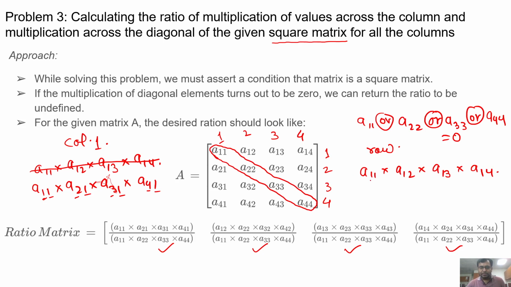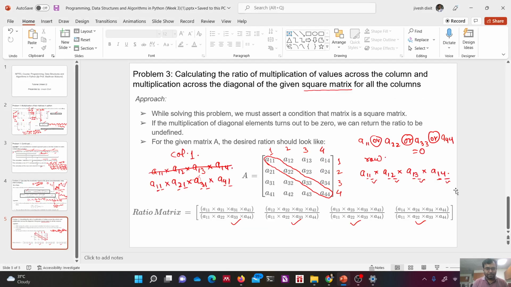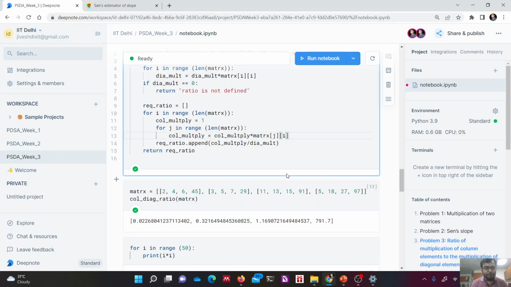So basically the row index remains constant, whereas the column index is changing, and this is how we compute the multiplication of all the elements in a particular row. Hence j will be in this place, and the row index, which is i in this case, will remain the same if we want to do the computation for rows in place of columns.